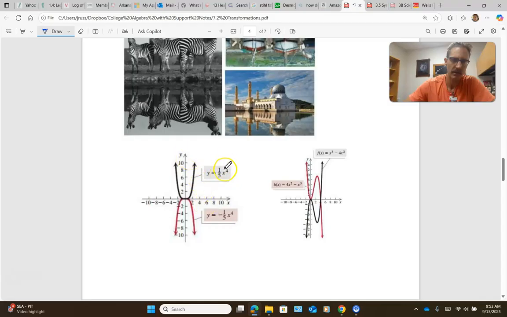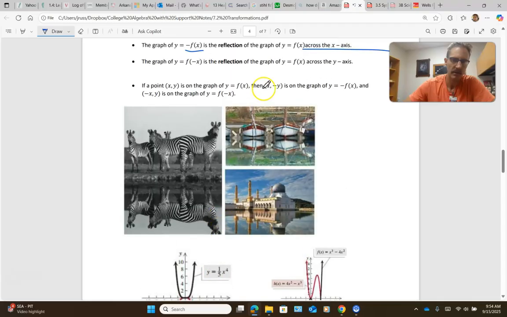If this is our basic function in black, if we stick a negative in front of it, it turns it upside down, or in other words, it reflects it about the x-axis. Because all those y-coordinates coming out of this function are now negatives. Sticking a negative in front of it changes their signs. And that's what I mean right here.